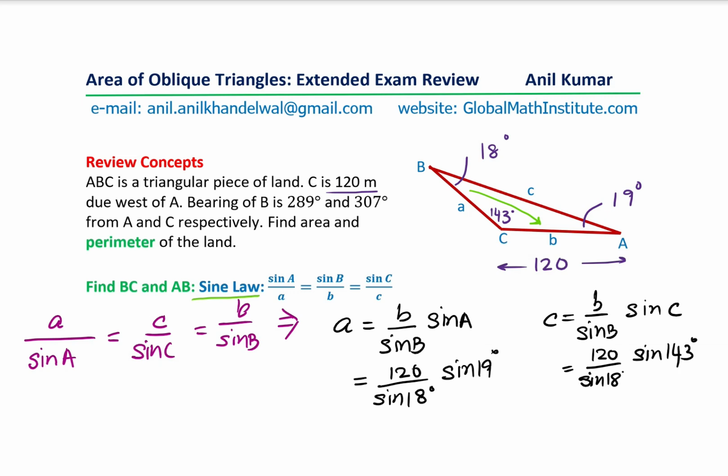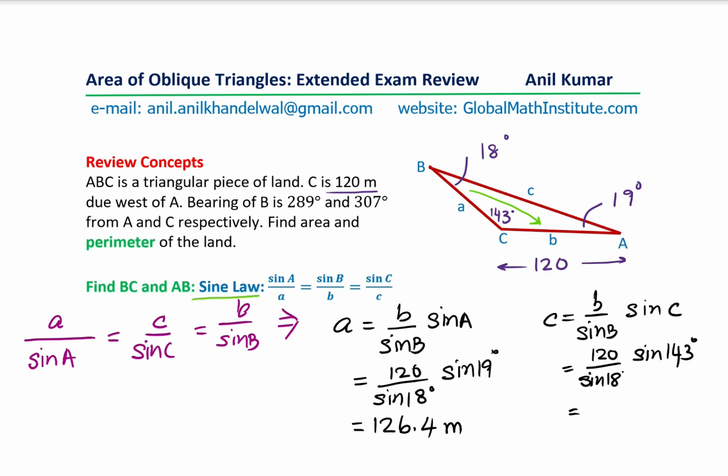Let's use the calculator to calculate the answers. 120 times sine of 19 degrees divided by sine of 18 degrees gives us 126.4. We'll just write to one decimal place, 126.4. The units are meters for us.